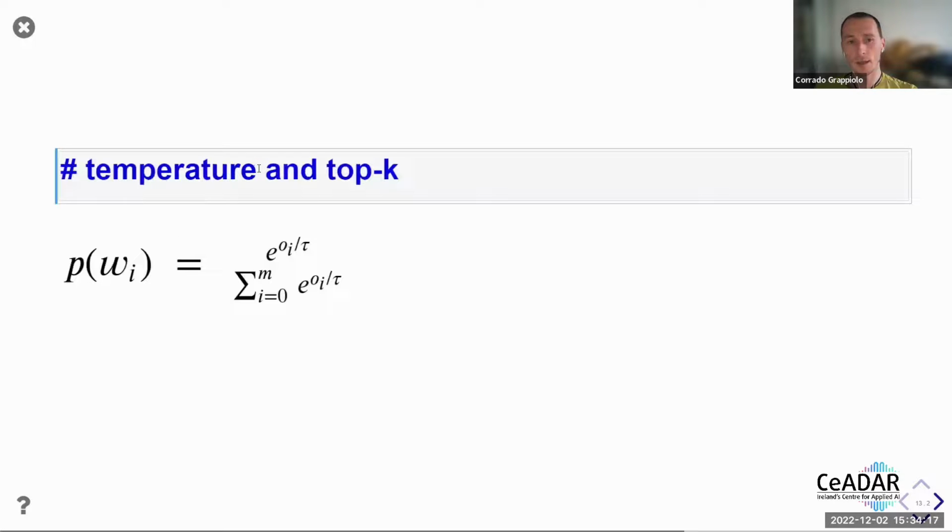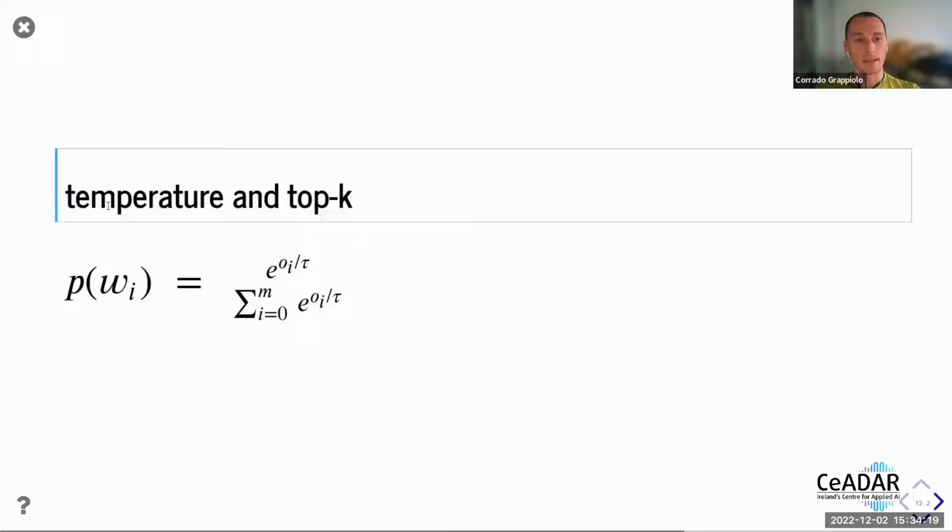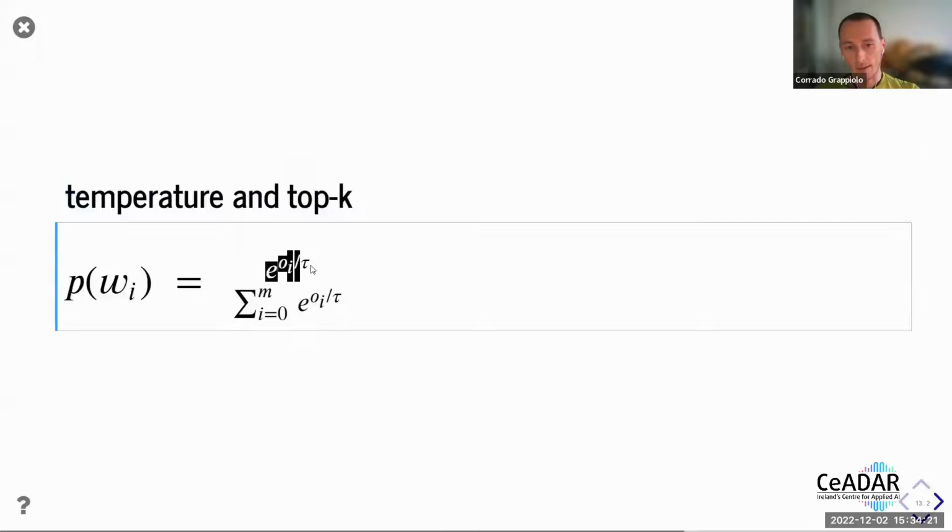One is temperature, and one is top K. Temperature is a parameter, in this case tau in this equation, that aims to squeeze the probability values towards uniform distribution. So the higher the temperature, the more towards the uniform distribution. When temperature is 1, we have basically the same output that we get from the neural network.